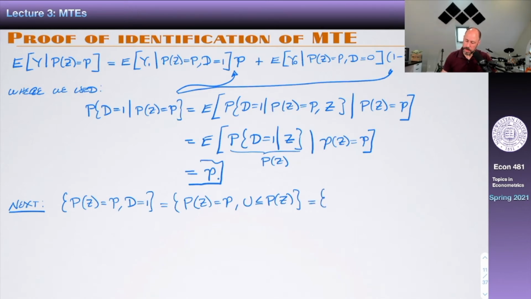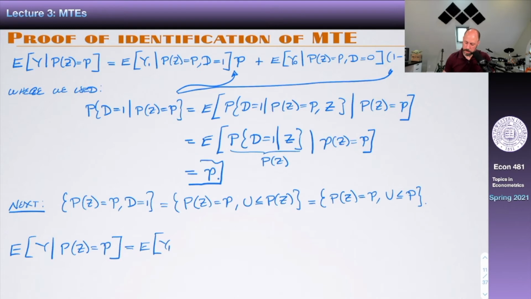And so this is U less than or equal to p. And so putting everything together, we have that the expected value of Y conditional on the propensity score being equal to p is equal to the expected value of Y1 conditional on U less than or equal to p times p, plus the expected value of Y0 conditional on U greater than p times 1 minus p.